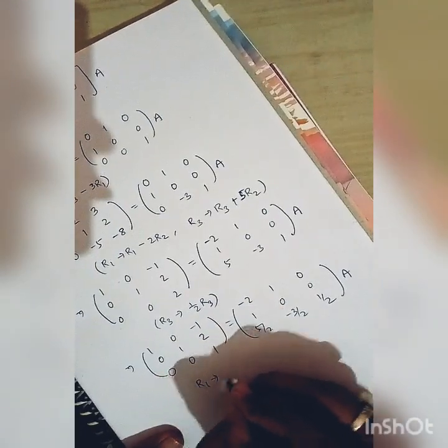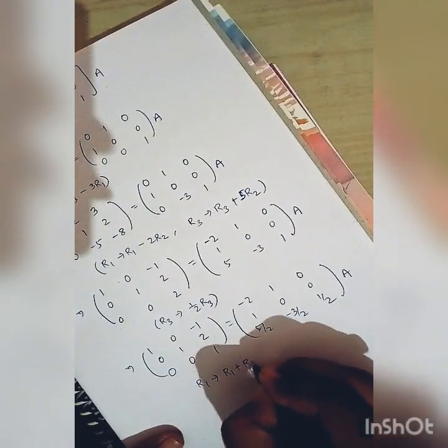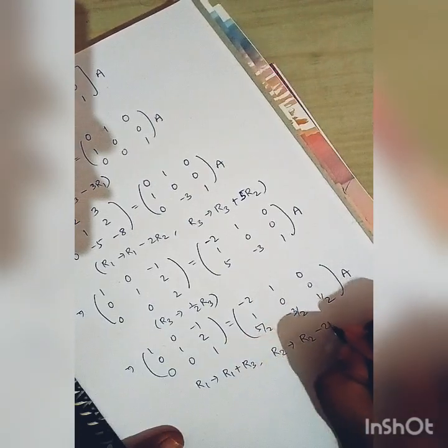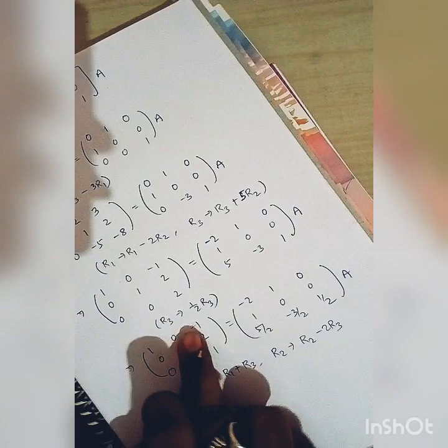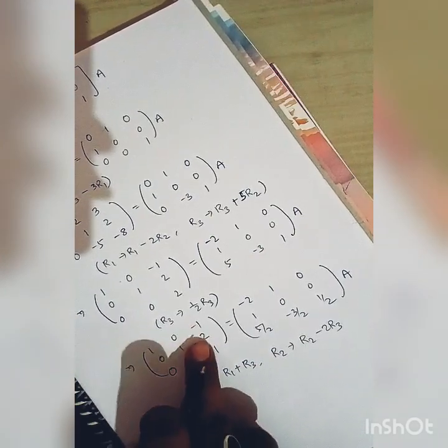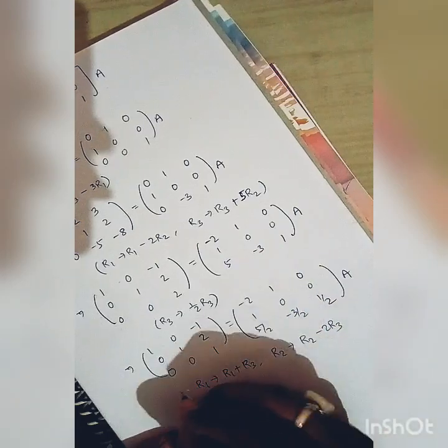Now we have to reduce this and this to 0 using this 1. So row 1 is replaced by row 1 plus row 3, and row 2 is replaced by row 2 minus 2 row 3. We reduce minus 1 to 0: minus 1 plus 1 is 0, and 2 minus 2 into 1 is 0.